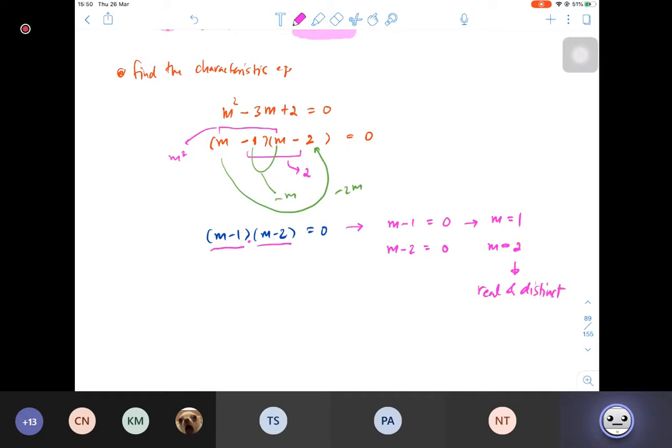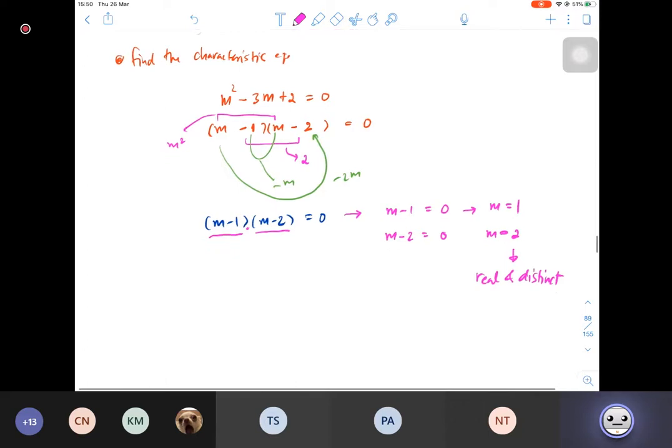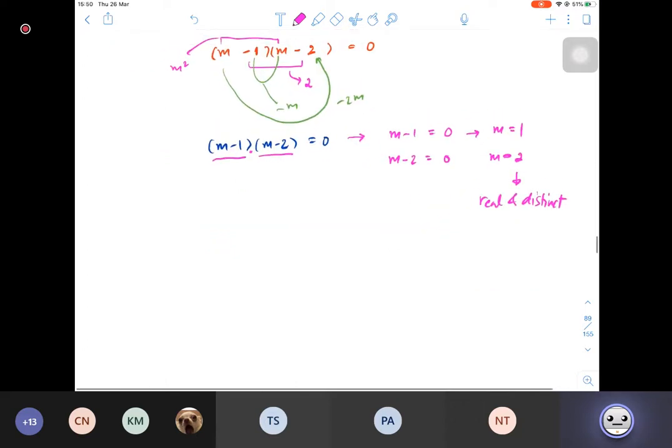The theorem says that if you have real and distinct roots, your general solution would be C1 e to the power of m1, which is 1 times x, plus C2 e to the power of m2, which is 2x. And that's all, we get the solution.